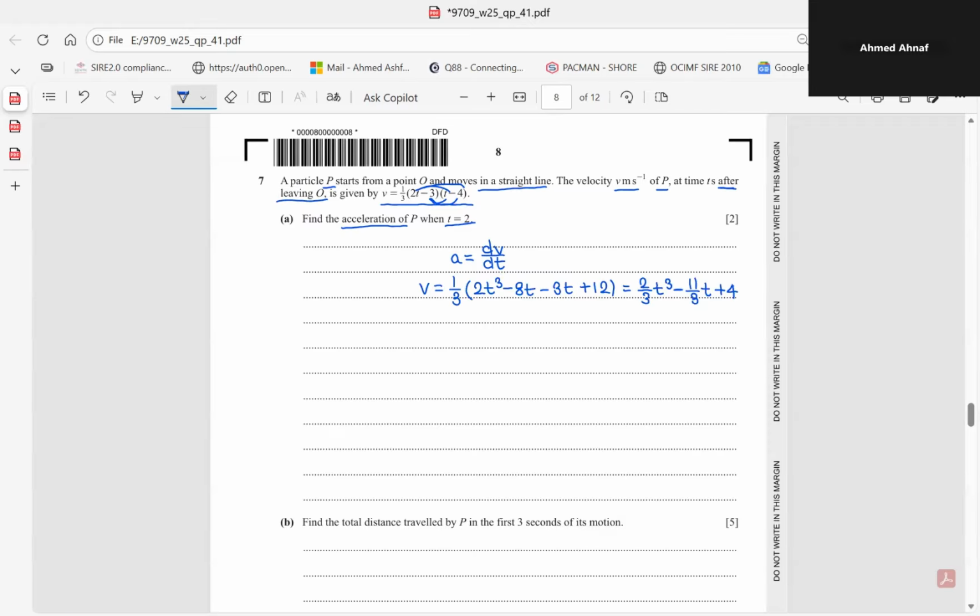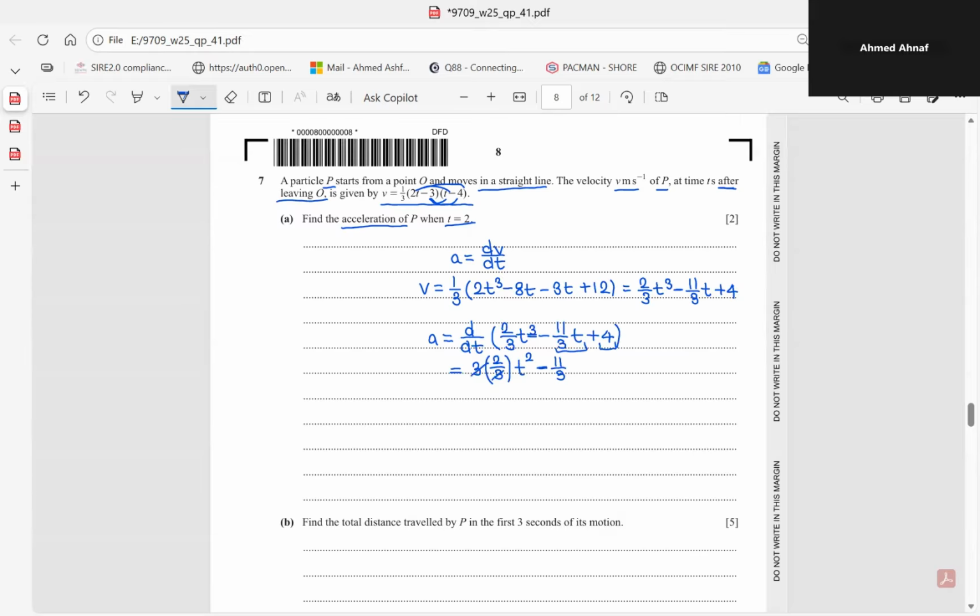Now we can get the expression for a by differentiating. Bring the power to the front: 3 times 2/3, and minus 1 from the power, so you get 2t squared. For the next term you do the same, you just end up removing t, and the constant term vanishes.